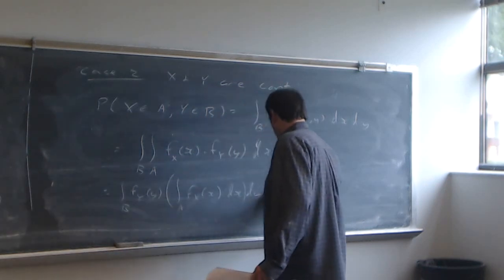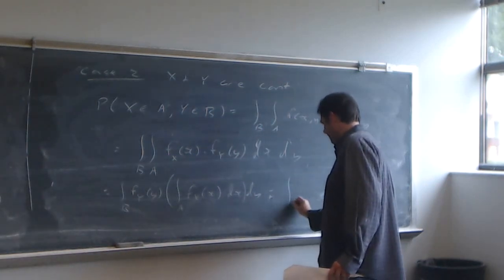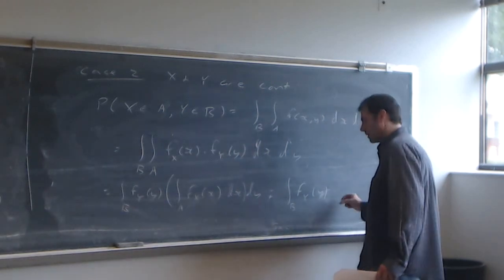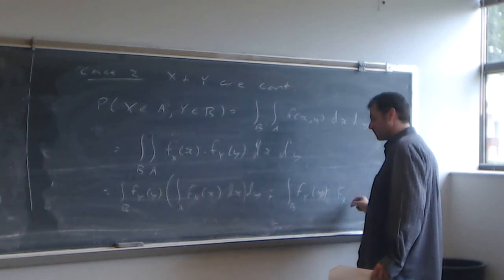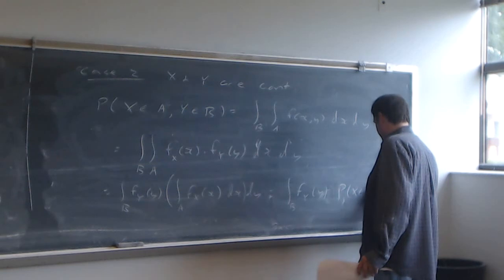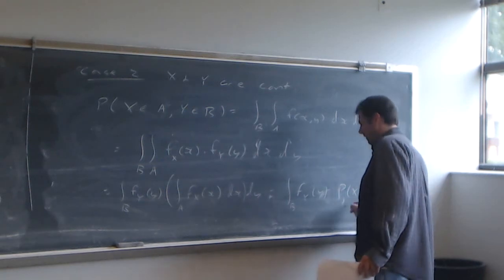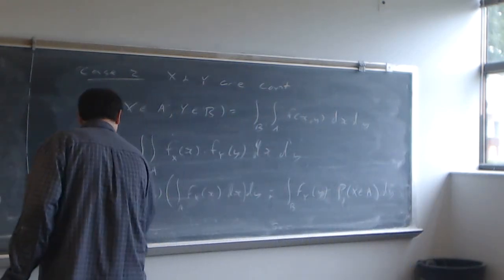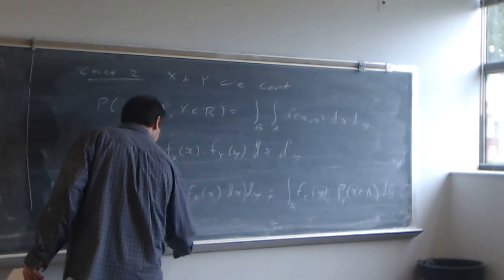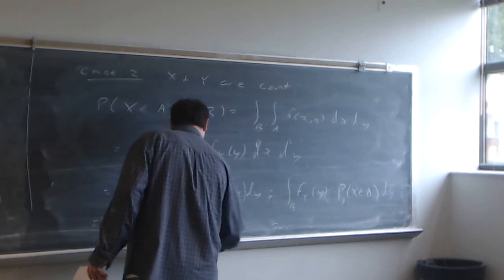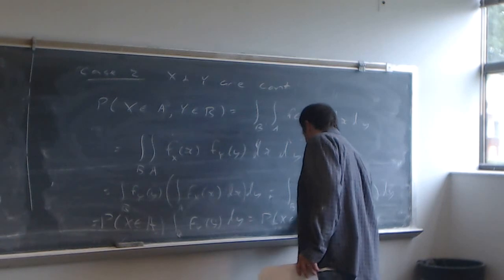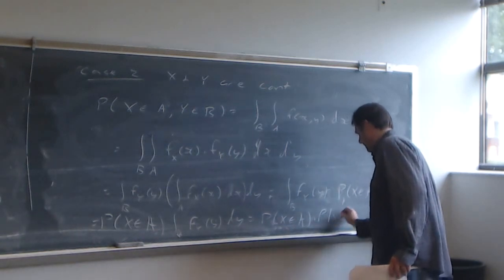This integral is nothing more than the probability that X is an element of A, and that's a number, so we pull that out, times the integral over B of f sub Y of y dy, and that's the probability that X is an element of A times the probability that Y is an element of B.